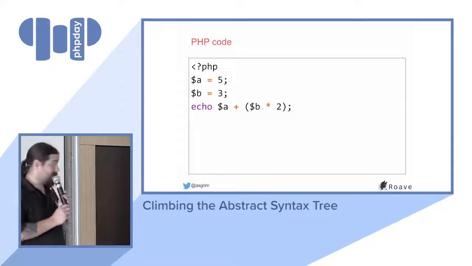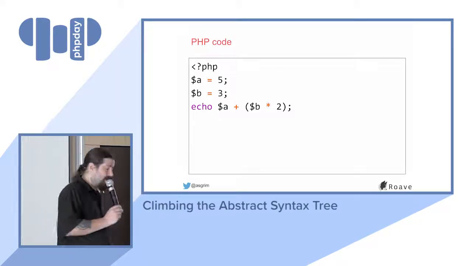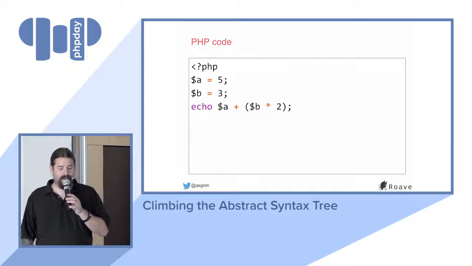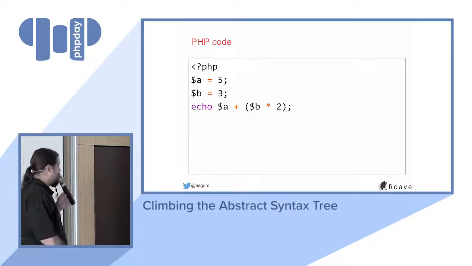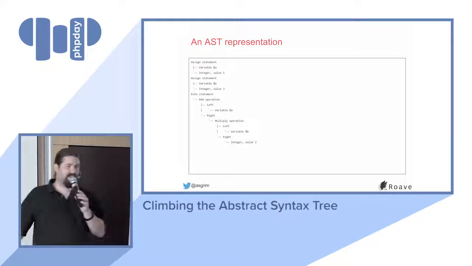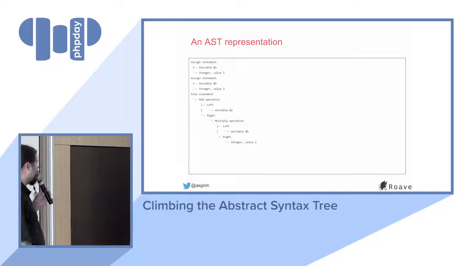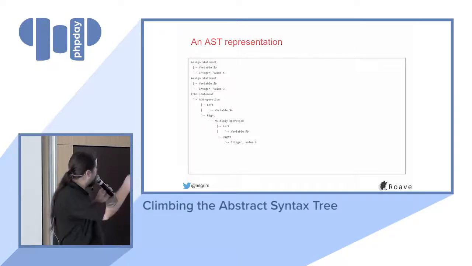So let's do some maths, or math if you're American. We're going to assign some variables. A is 5, B is 3, and we're going to echo A plus brackets B times 2. And it looks a bit like this. It's gotten even bigger, right? This is fairly simple PHP code, but we've got quite a big statement going on here.